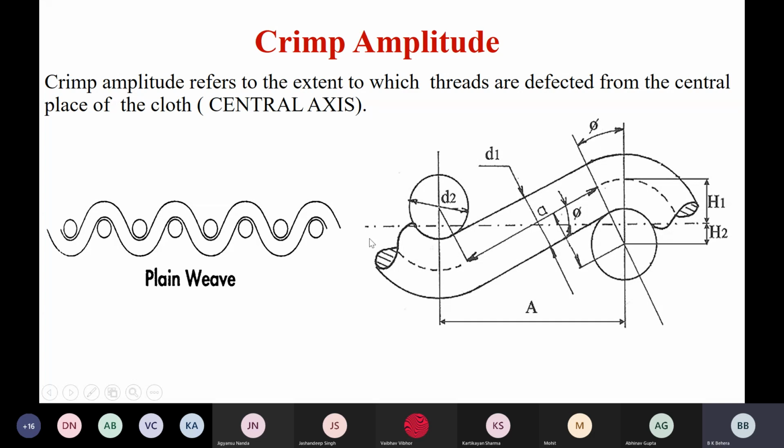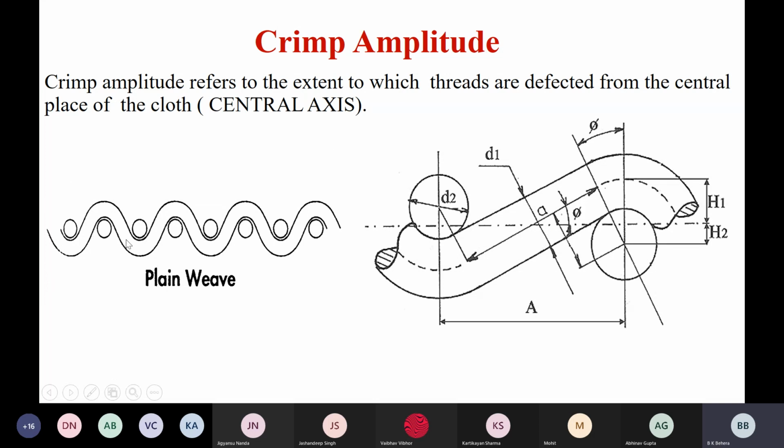The idea of showing you this diagram is that we express crimp in two different ways: either in terms of fraction value c1, or percentage, crimp percentage, or amplitude h1, h2. h1 is 4/3 of c1, c2 over p1; you have already derived this formula.